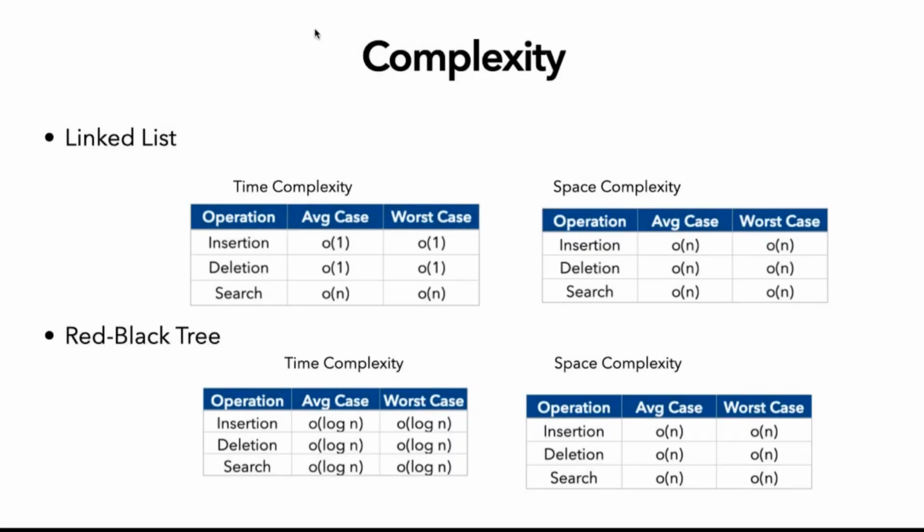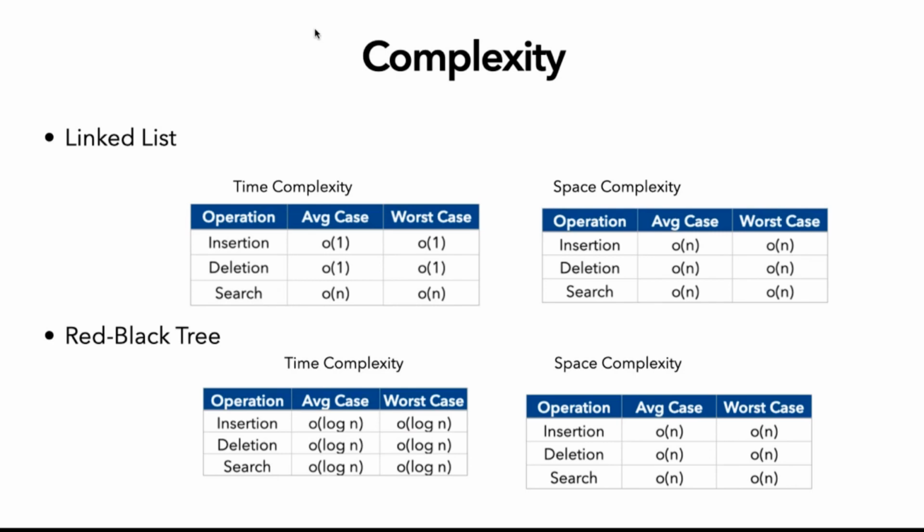We can now see the time complexity for linked list and red black tree. The time complexity for linked list in average and worst case scenarios for insertion and deletion is order of 1, while for search it is order of n. And the space complexity in average and worst case scenarios for insertion, deletion, and search is order of n.